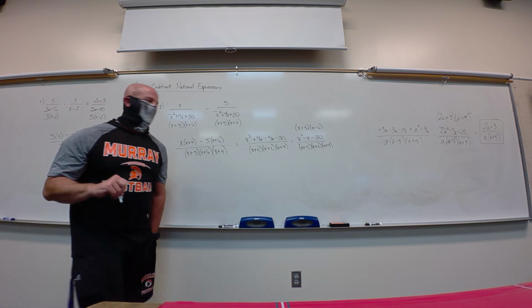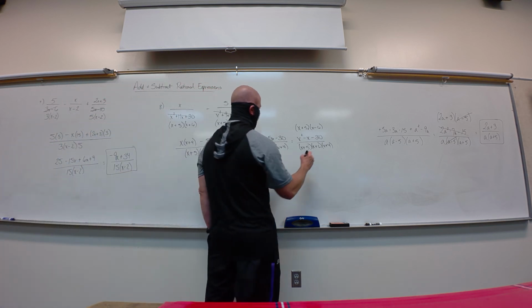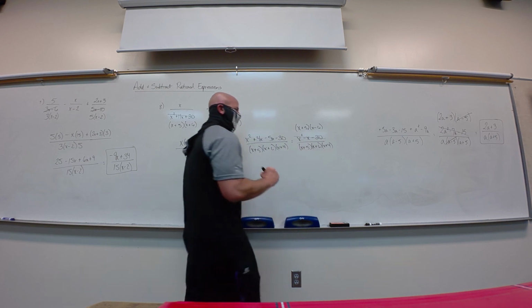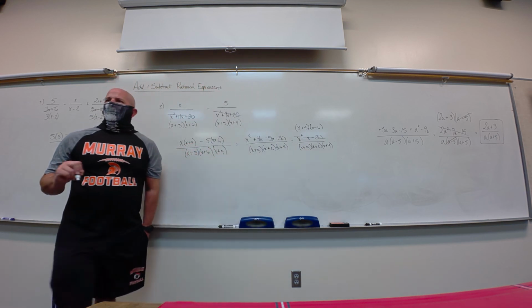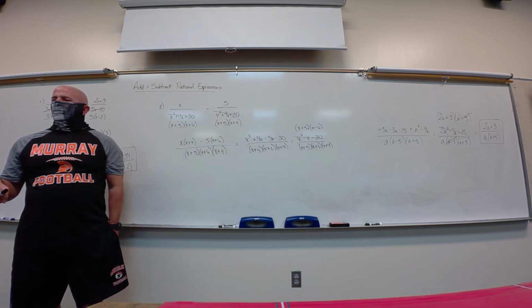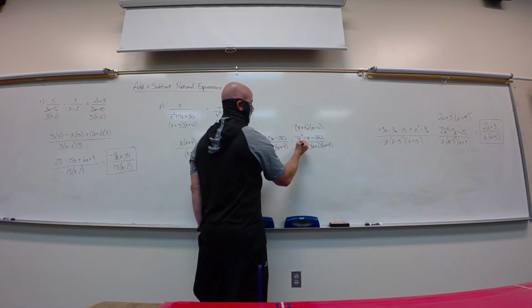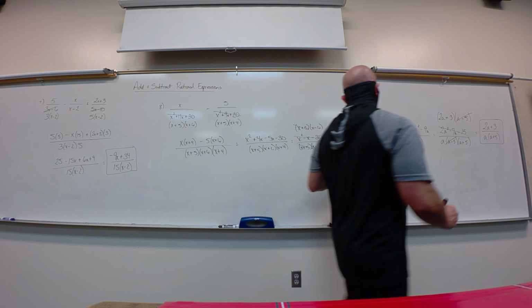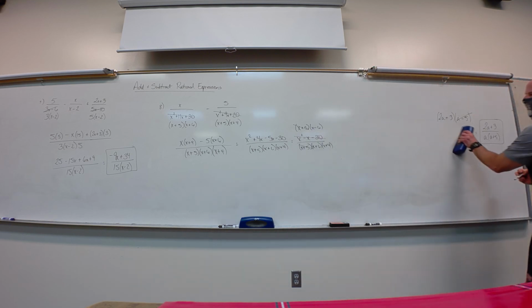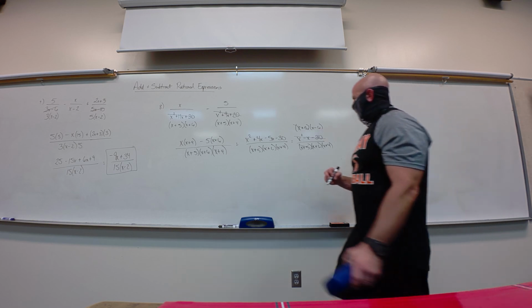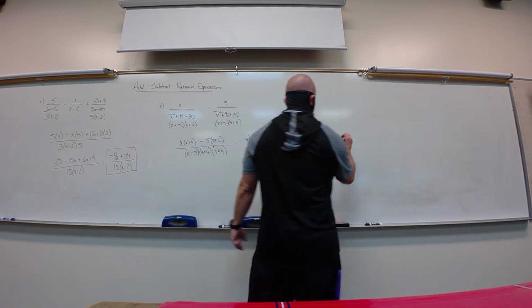The nice thing is there's no new factoring rules coming, but those old ones are going to keep coming back. And that takes us back to now this will simplify because I can cancel an x plus 5, making my final answer just the x minus 6 over the x plus 6, x plus 4.